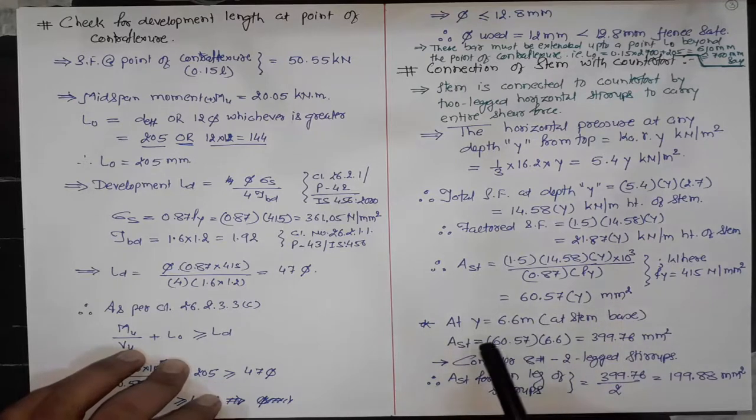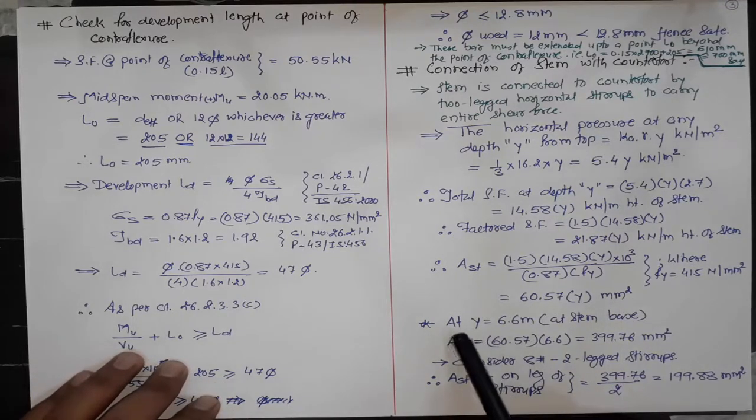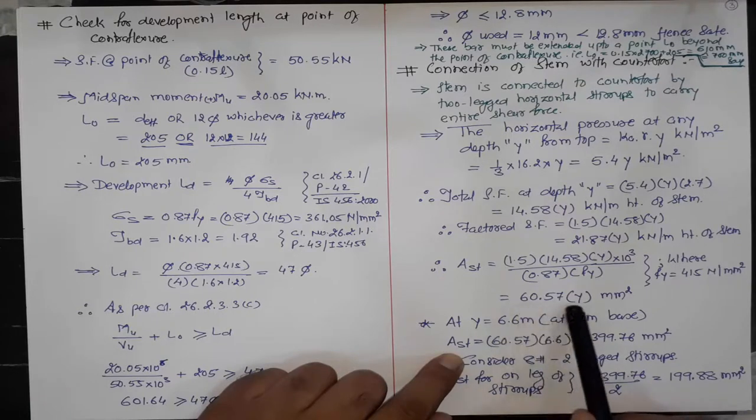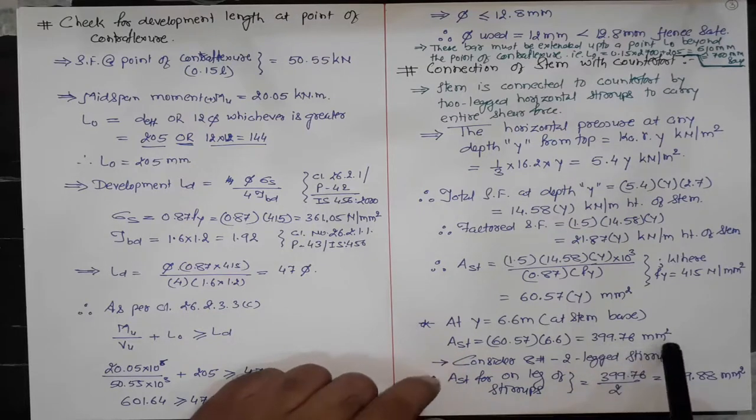Now we will calculate the steel required at a distance y equal to 6.6 meters from the top, that is at the stem base. We can get Ast by substituting the value of y as 6.6 meters in the above equation. Therefore, Ast will be equal to 399.76 mm square.